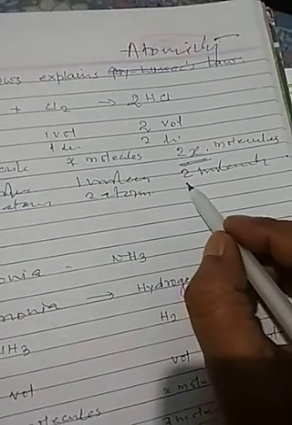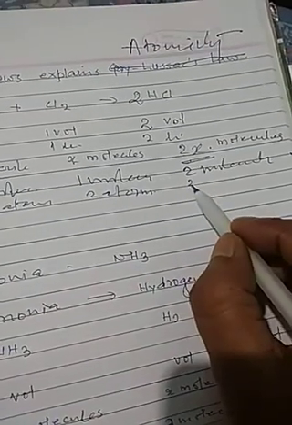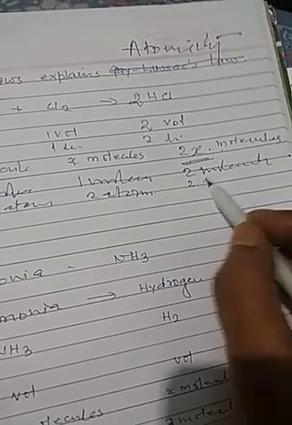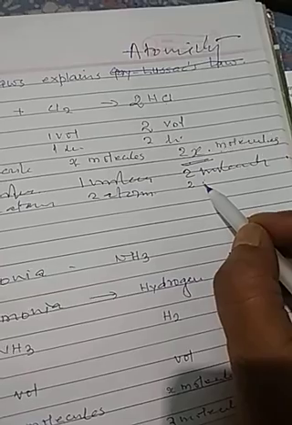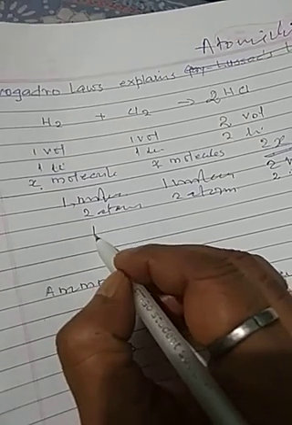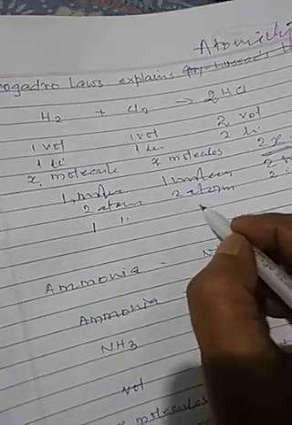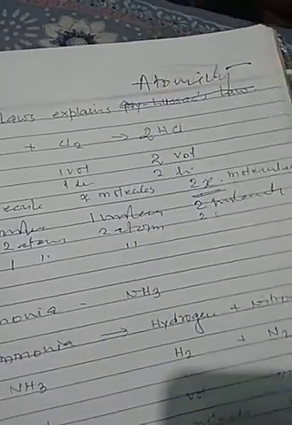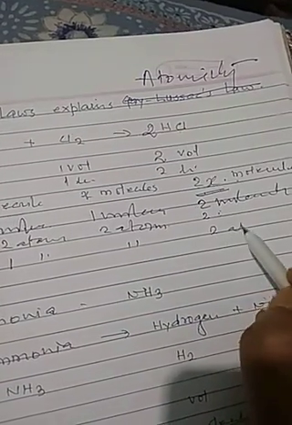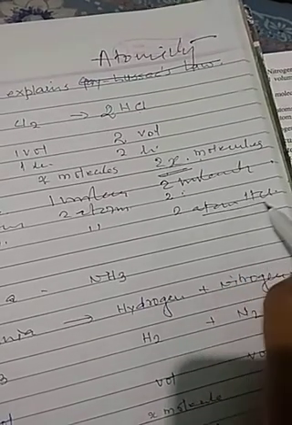Now it is forming 2 atoms of hydrogen and 2 atoms of chlorine. That means 1 atom will combine with 1 atom to form 2 atoms of HCl, or it is wrong.